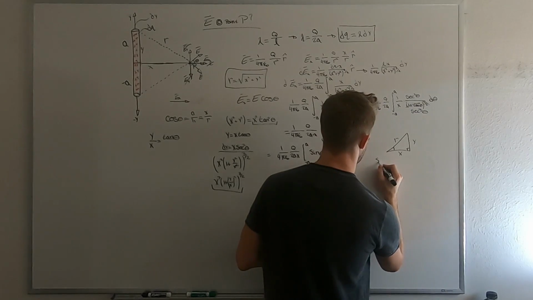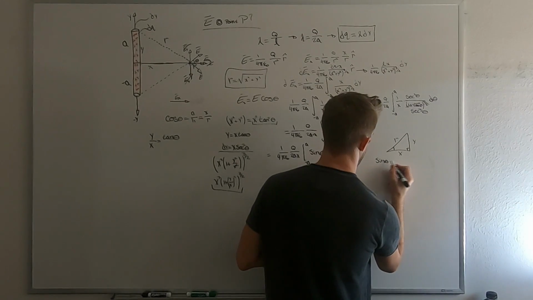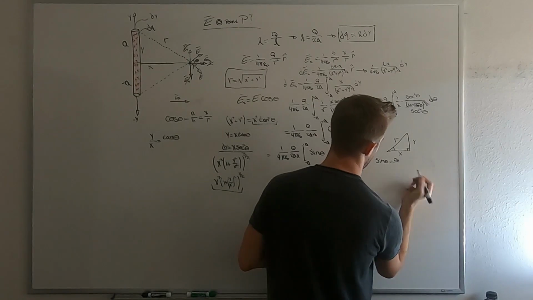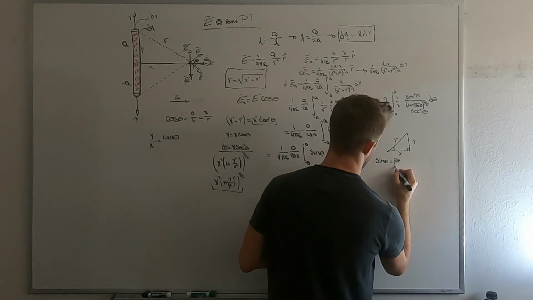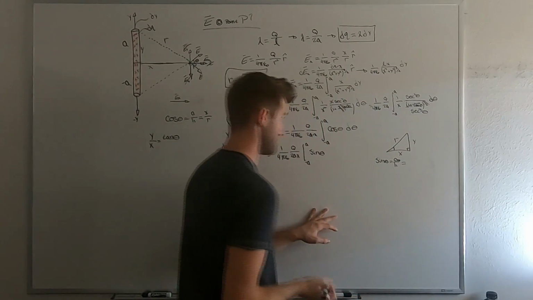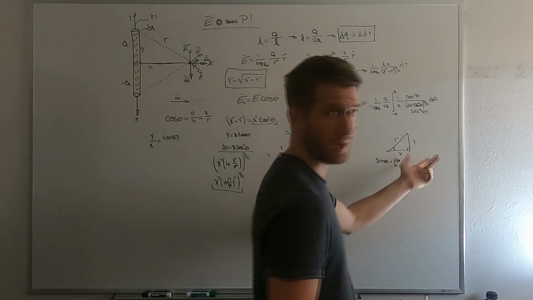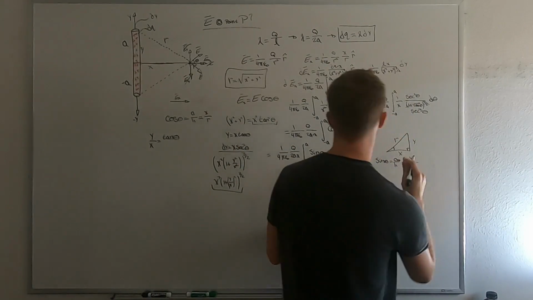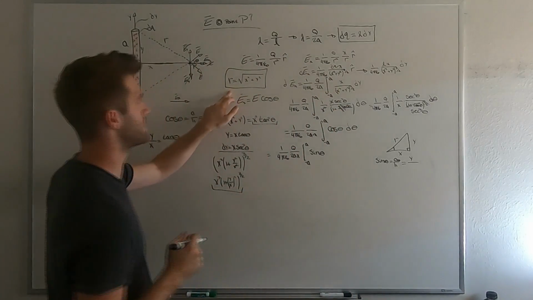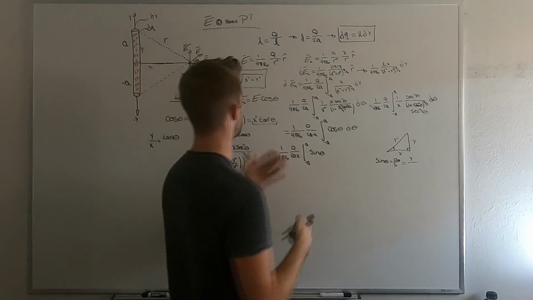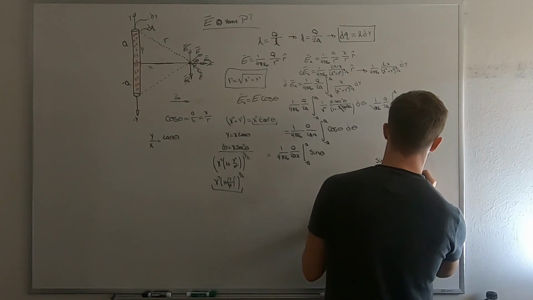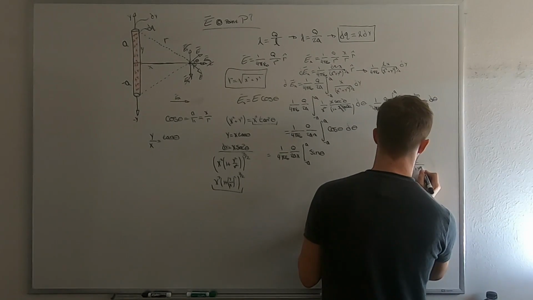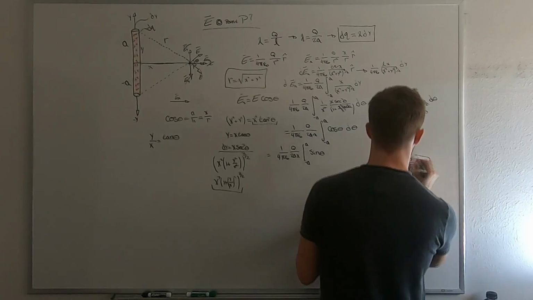So opposite is y, so it's going to be y over r, and r is just the square root of x squared plus y squared. And that is what we have for sine theta.